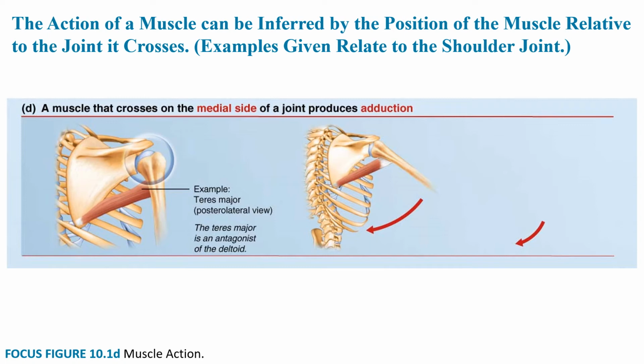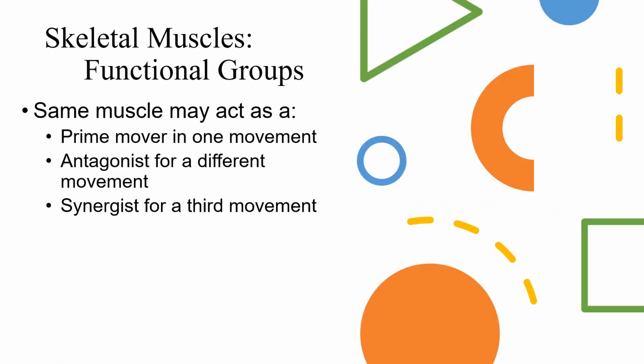So if you have your arm up, your teres major allows your arm to come back towards your body. Now, not every muscle, but many muscles can act as prime movers, antagonists, and synergists depending on the different movements. It depends on what you're looking at and your point of reference for the different movements.